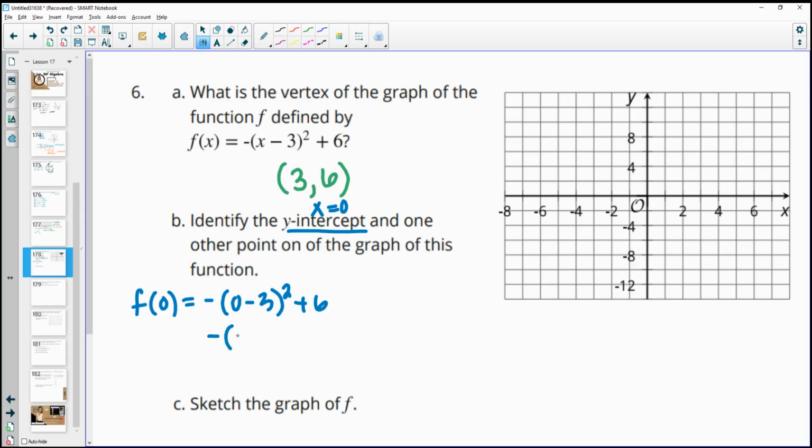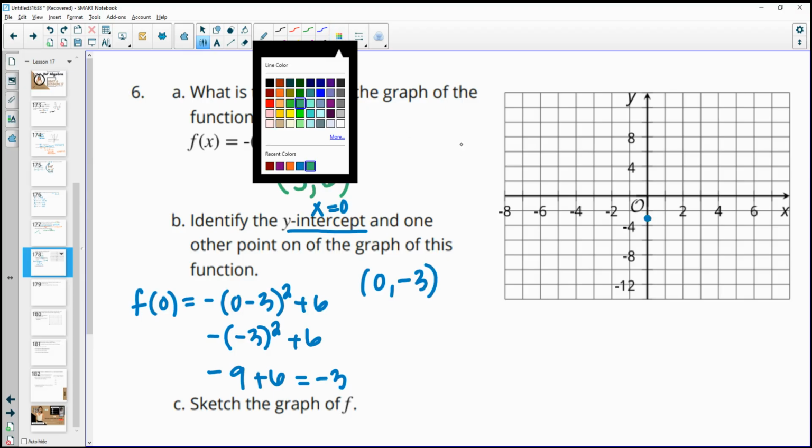So we have negative and then negative 3 squared plus 6. So that negative 3 squared is 9. So we have negative and then 9 plus 6. So we get negative 3. So the y-intercept here is we plugged in 0 and we got back negative 3. So 0, negative 3 is our y-intercept.